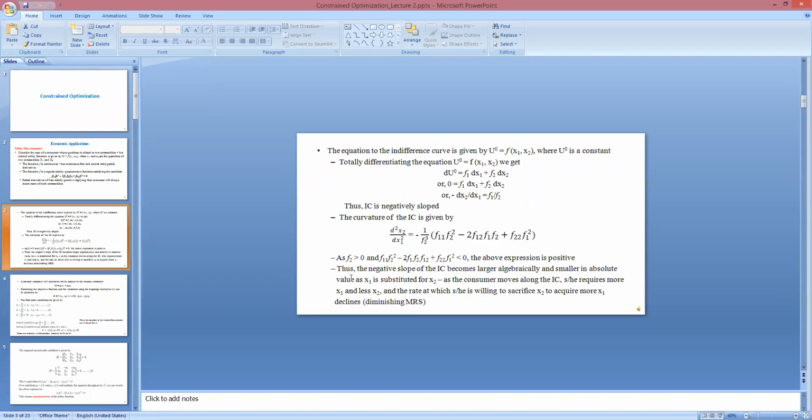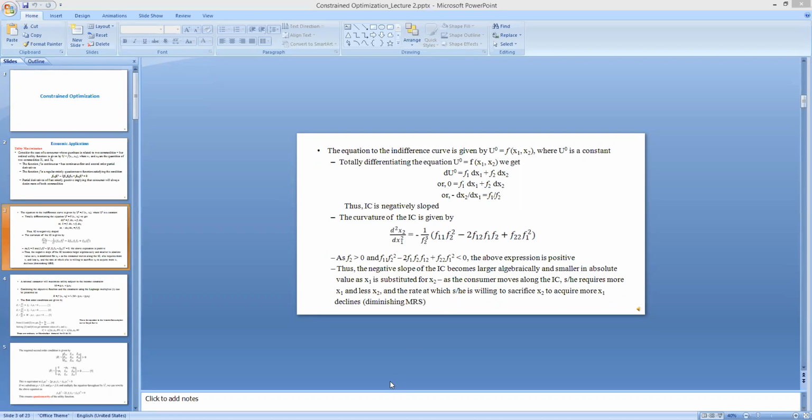Here is the sentence. The negative slope of the IC becomes larger algebraically and smaller in absolute value as x1 is substituted for x2. As a consumer moves along the IC, the person requests more x1 and less x2, and the rate at which the person is willing to sacrifice x2 to acquire more x1 declines, which we call diminishing marginal rate of substitution.